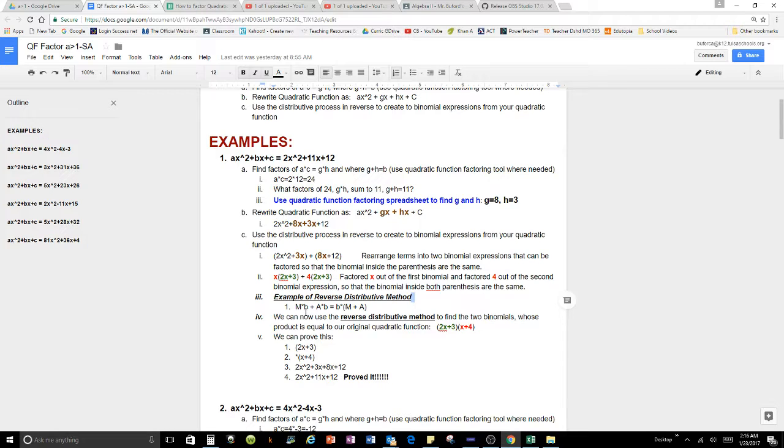Again, the B's here represent the 2x plus 3. And the M represents the x. And the A represents the 4. Okay, and so what we do is we factor these B's out.